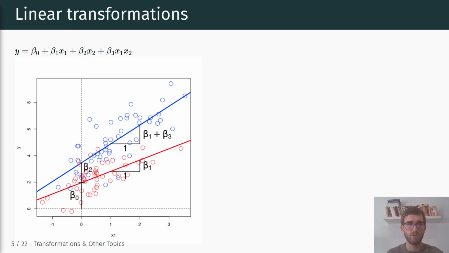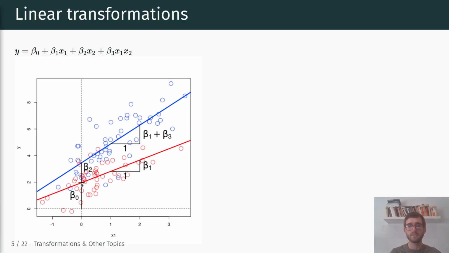And then we can interpret beta 2 as the expected difference in the outcome comparing two groups of observations, both of which have x1 equal to 0, but x2 takes the value of 1 rather than the value of 0. So that's the difference between those two lines at the point of x1 being equal to 0. Okay, so that's the quick summary of interpreting a simple interaction with one continuous predictor and one dichotomous predictor.